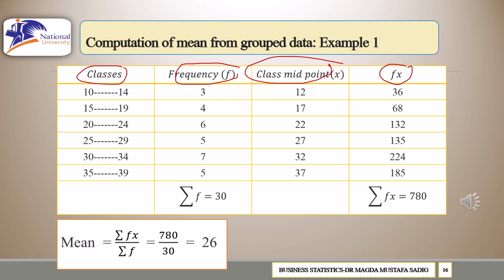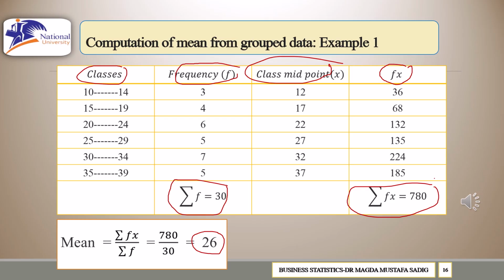So we end up with this complete frequency table, with the summation of frequencies equal to 30 and the summation of the product of multiplication of frequencies with adjacent class midpoints equal to 780. So the mean of grouped data is equal to the summation of fx divided by the summation of f, which is equal to 26.